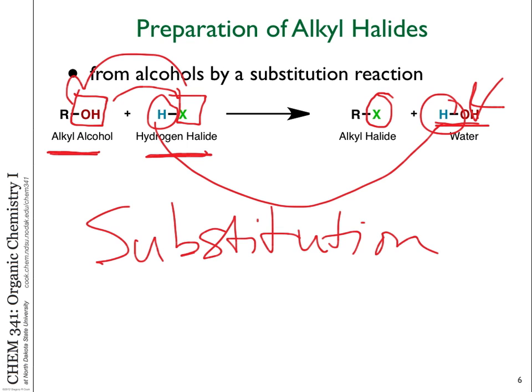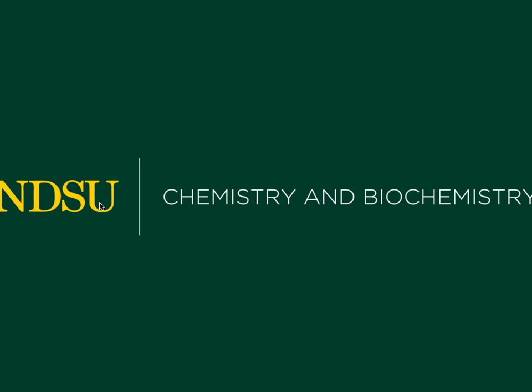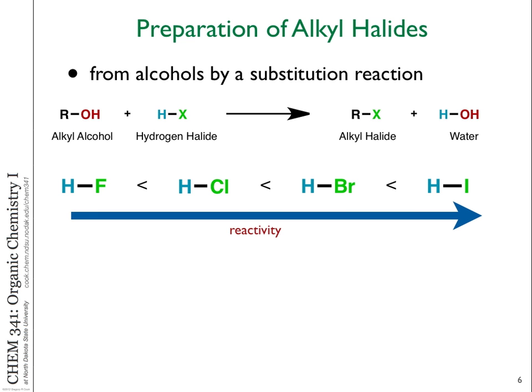But first we should take a look at some of the observations about this particular reaction which have been noticed by researchers. So if you look at the difference when you do the reaction on the same alcohol with different hydrogen halides, if you go down the trend from HF to HCl to HBr to HI, what we see is that we increase the reactivity.